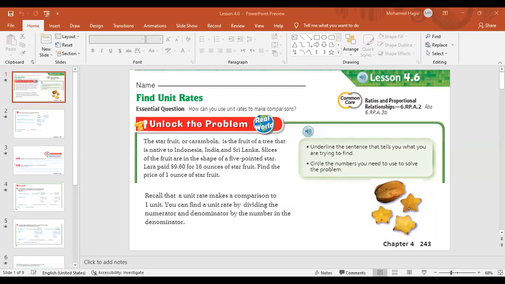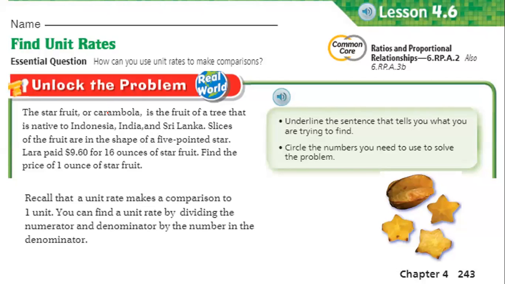Here, in that page, let's unlock the problem together. The star fruit, or carambola, is the fruit of a tree that is native to Indonesia, India, and Sri Lanka.